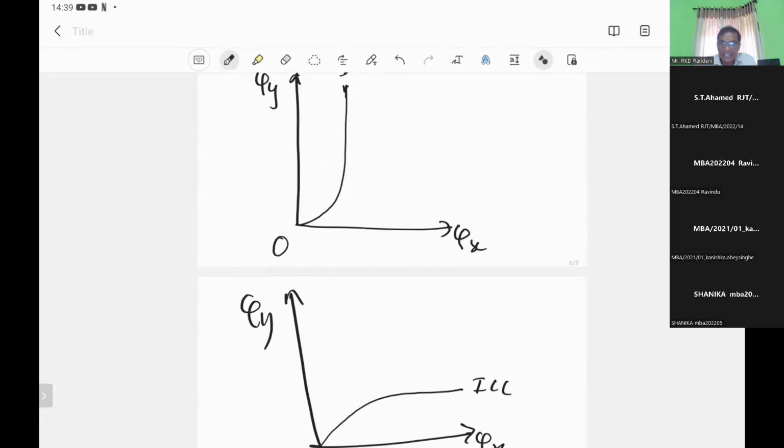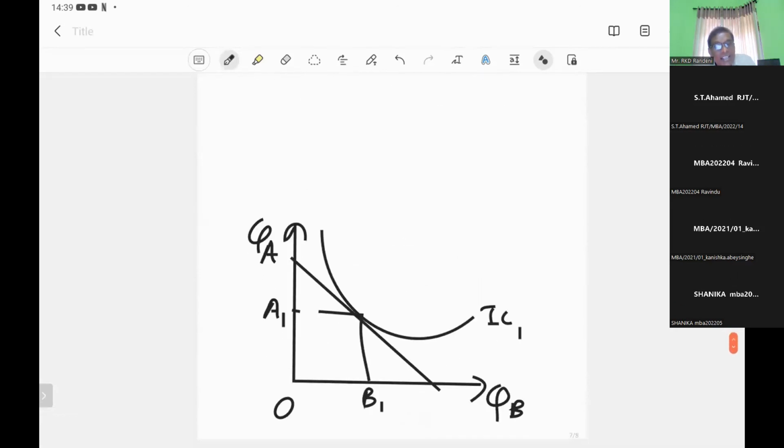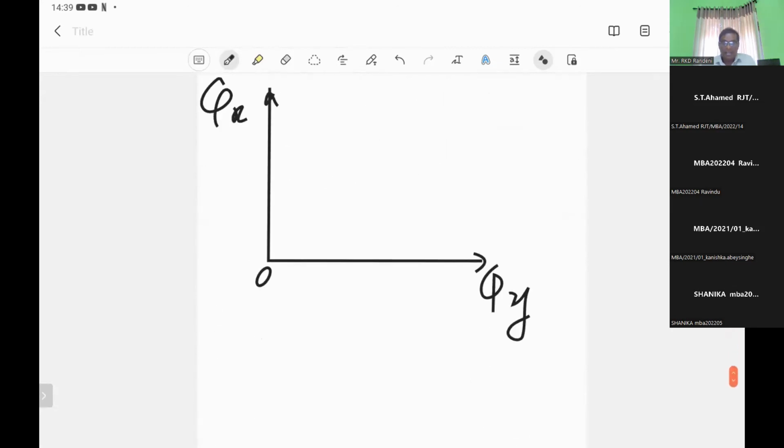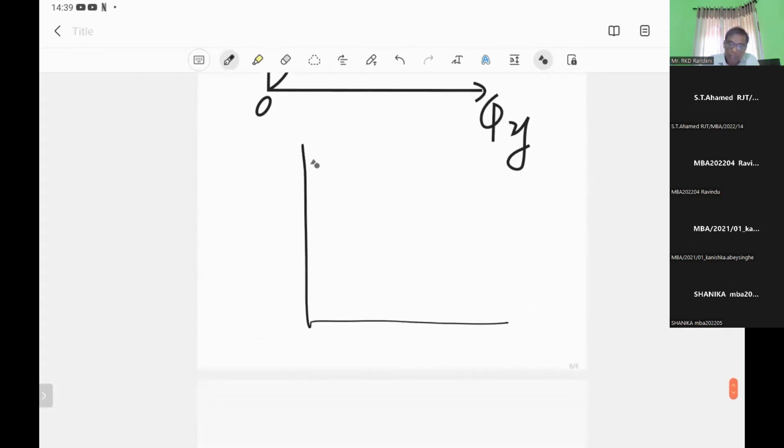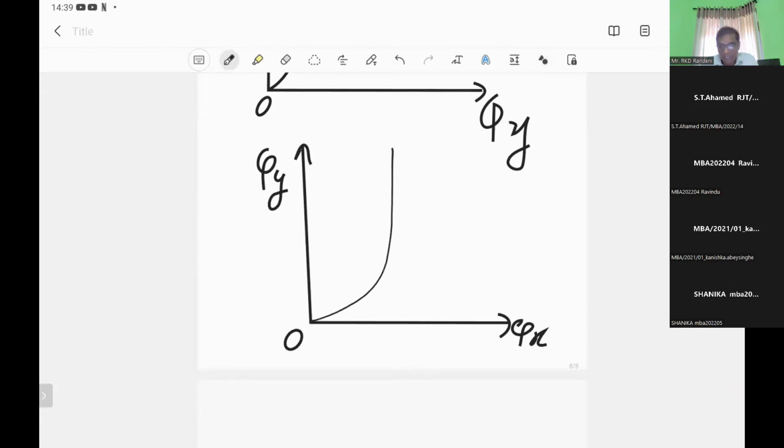Excuse me, sir. Yes. Can you explain again the impact of the indifference curve and income consumption curve for luxury? Yes. Now, the ICC: with quantity Y, quantity X, and zero. In the beginning, both are increasing when income is increasing.